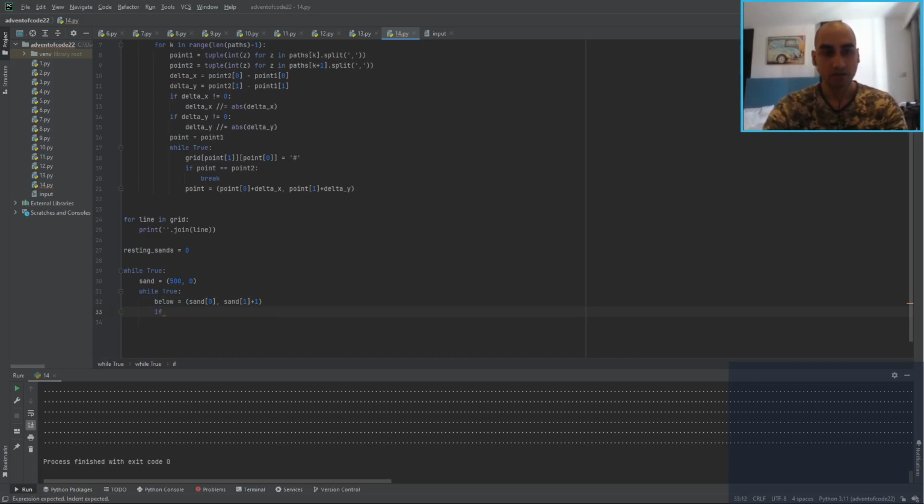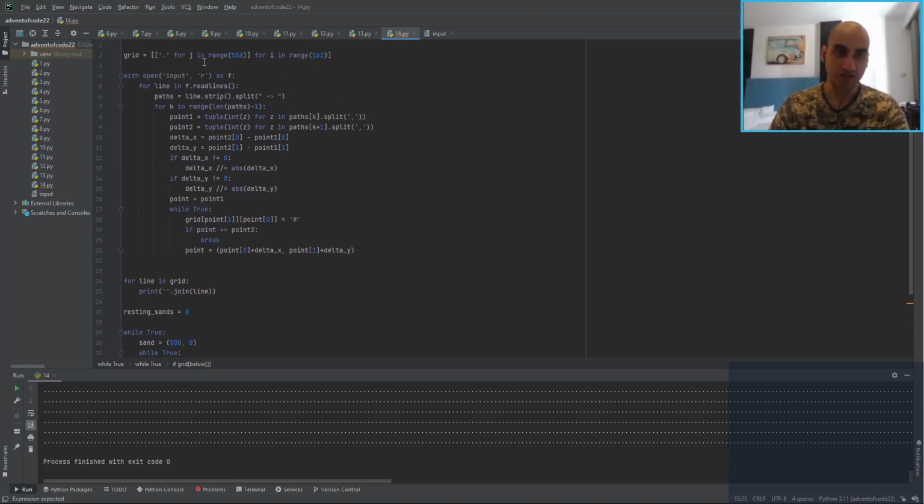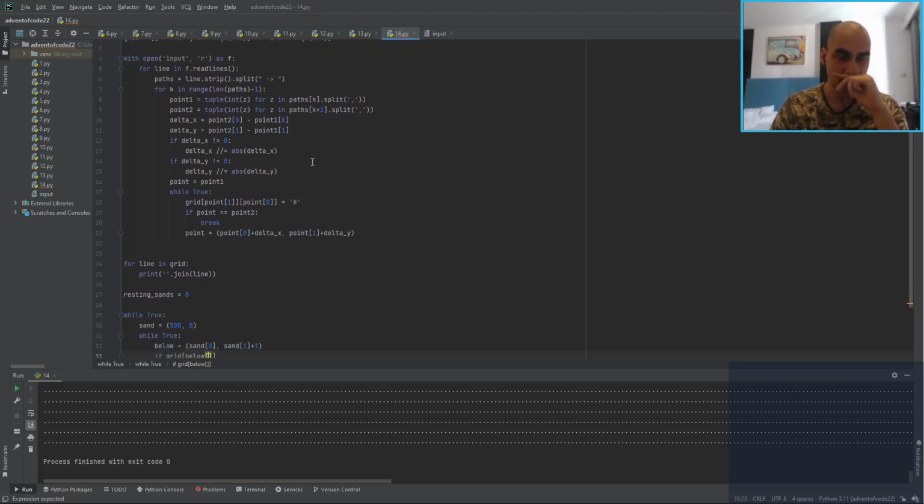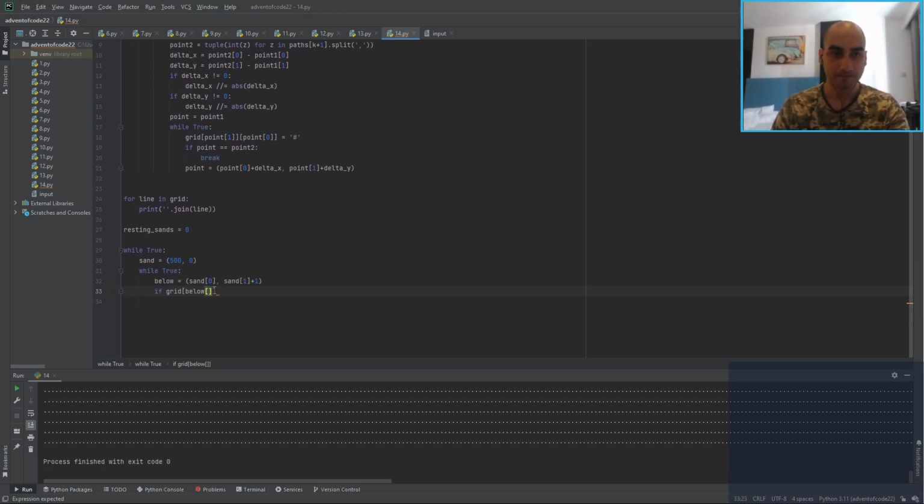If grid below. I'm starting to think I should have done the grid as a hash map. It's just easier to access elements than what I've done. Whatever. Grid below 1, below 0.